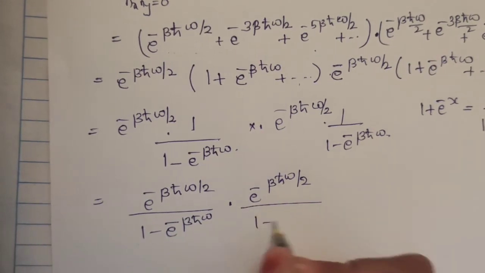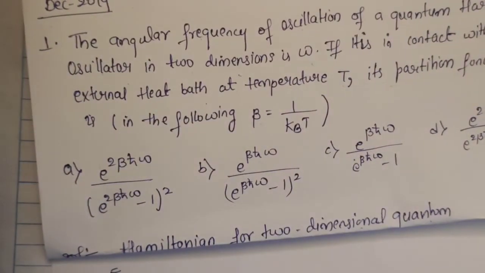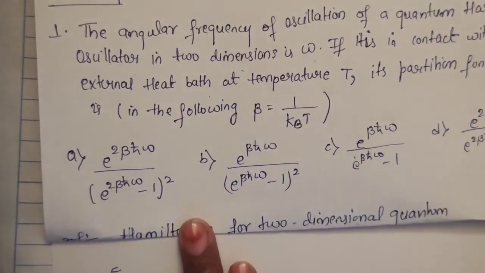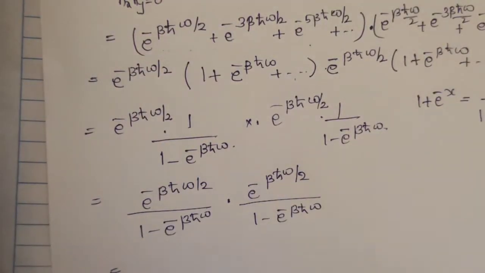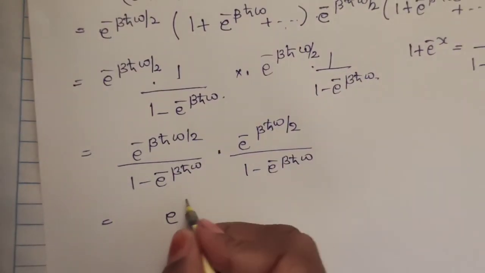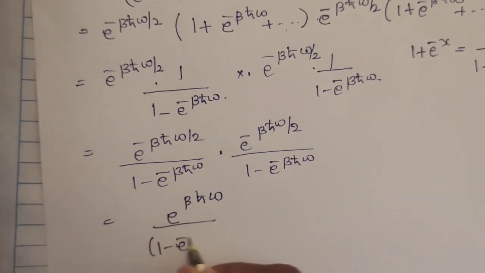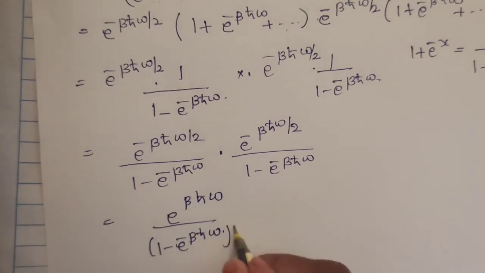Since the options in the question are in terms of positive exponentials, by dividing by e to the power of minus beta h cross omega, the above equation reduces to e to the power of beta h cross omega divided by 1 minus e to the power of minus beta h cross omega, the whole square.